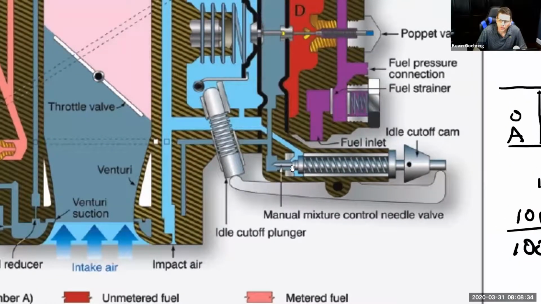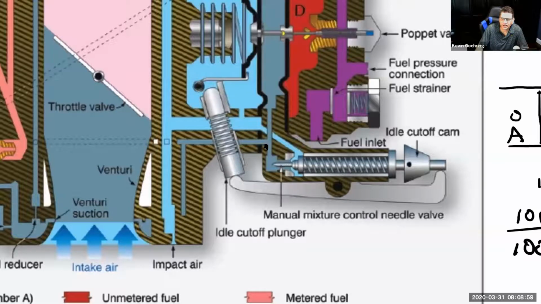So with this all the way closed, all of the impact air goes to the impact air, all the suction goes to suction. But as the manual mixture control pulls this out of the way, it starts stealing some of this impact air from going into here. Not only does it steal it, but there's suction here trying to suck on this diaphragm. Well, now it's not.